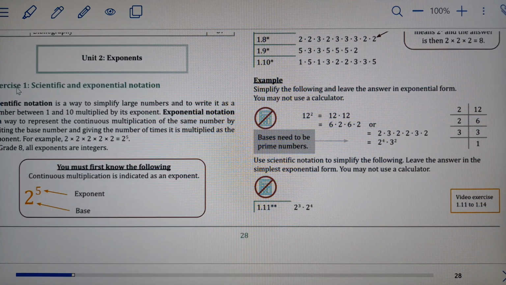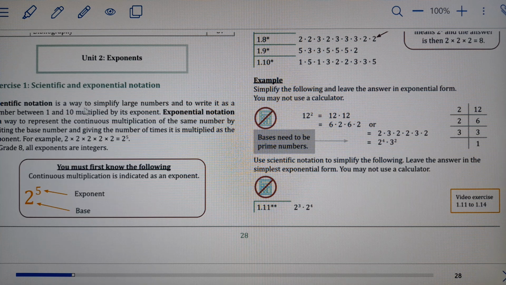We are going to look at scientific notation and exponential notation. Scientific notation is a way to simplify large numbers and to write them as a number between 1 and 10 multiplied by its exponent.